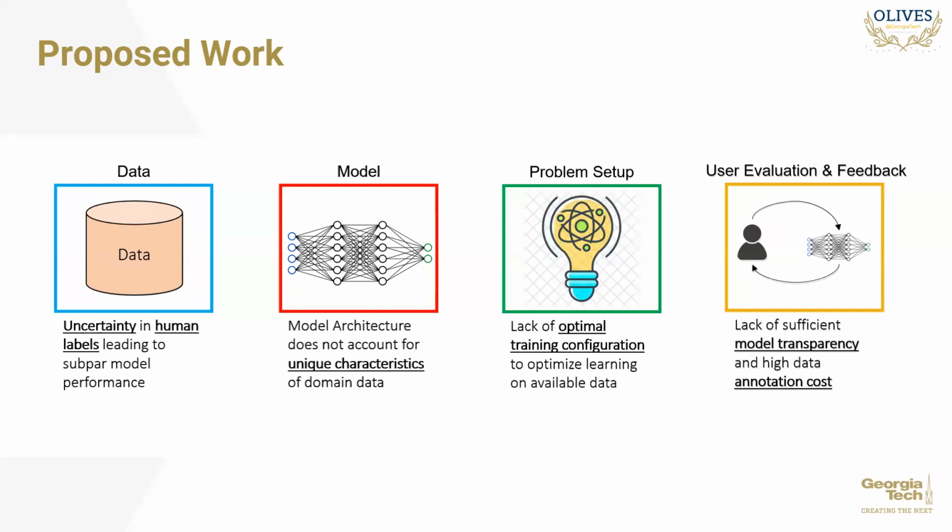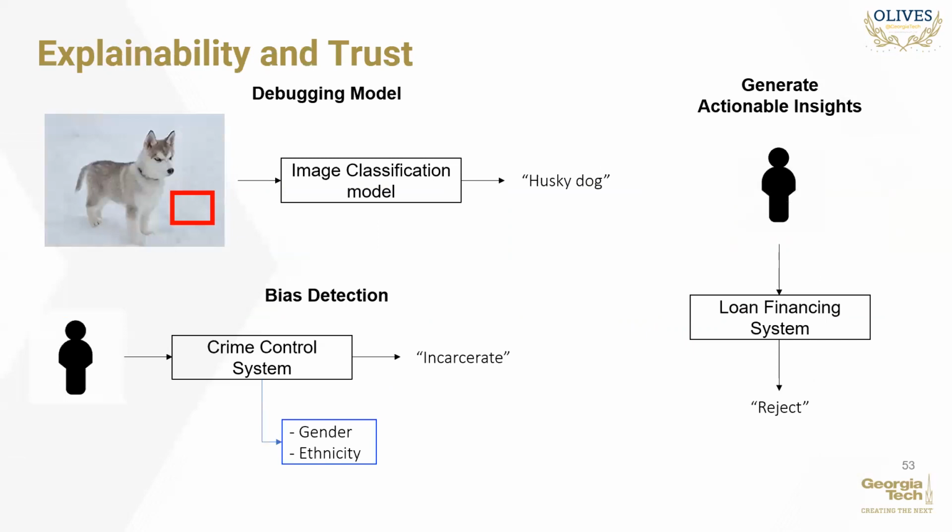Lastly, I'm going to talk about the user evaluation and feedback component, where the human user is involved with looking at the model to make sure that the model predictions make sense, and secondly, providing input to the model to improve it. So talking about explainability and trust, why is it important for the model to make sense to the user is because it lets the user have more trust in the model.